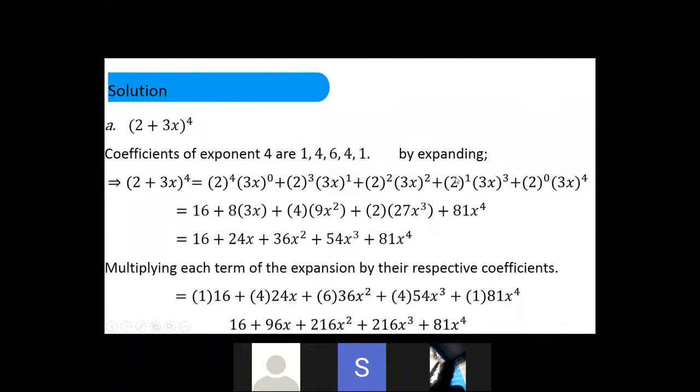Then the next term, our 2 is going to decrease again by 1, whilst the 3x will increase again by 1. Then in the next step, we are going to get 2 decreasing again to 0 and 3x increasing to 4. So whilst the 3x increased to 4, that is your last term in the expansion. Now let's go back.